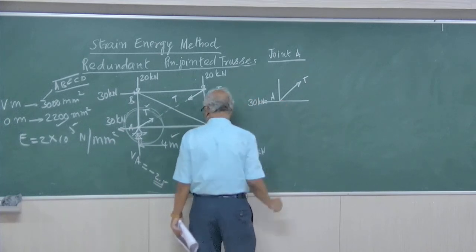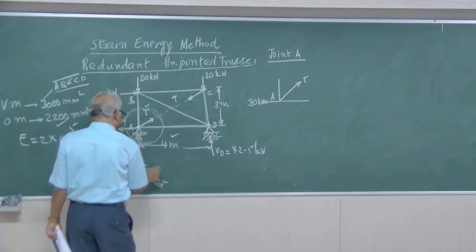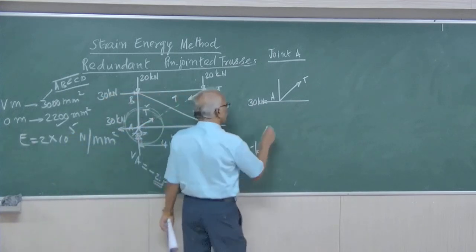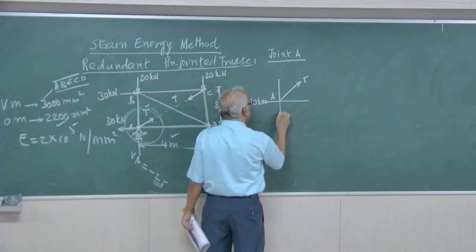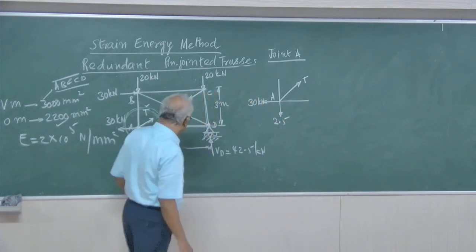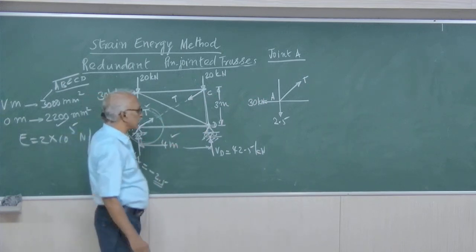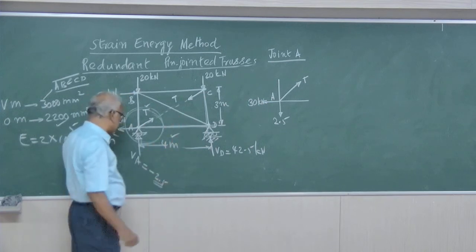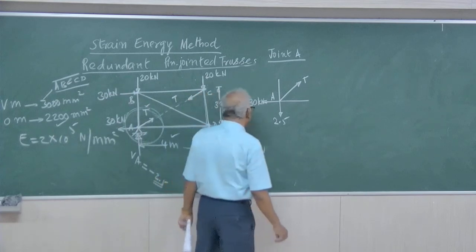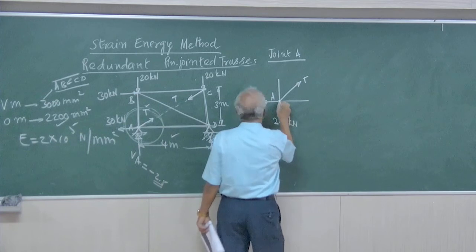Here you can mark the arrow in the upward direction and make it minus 2.5, or you can just mark it down and say plus 2.5. That is also correct. Here you should not change, because your equation is based on reaction in the upward direction. Since you assume in the upward direction this value is negative, you can just mark it as downward reaction 2.5 kilonewton. Right. So this is AB.